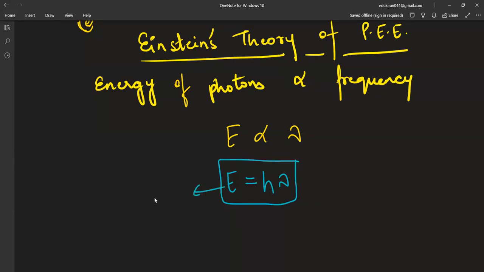E is the energy of a photon, and nu is the frequency of the photon. This h is known as Planck's constant.